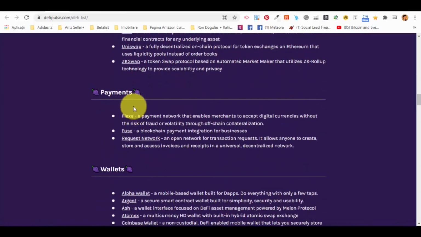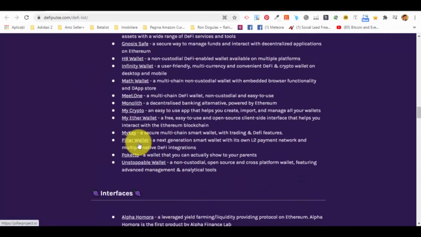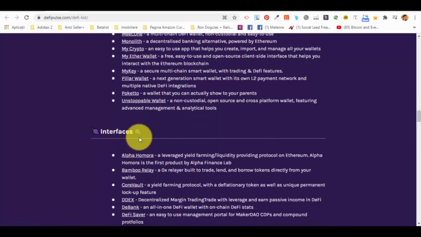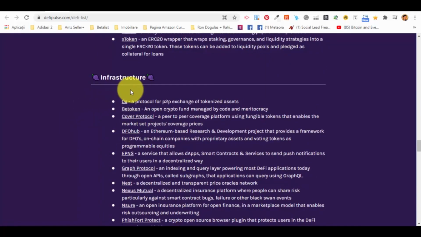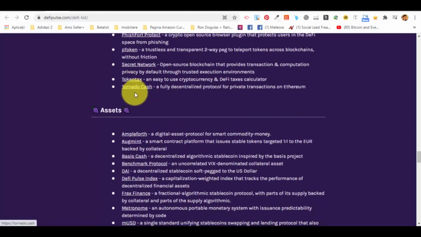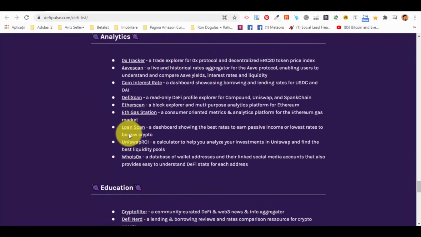Then let's scroll down a little bit: payments, wallets, interfaces. You can see there are decentralized finance projects to solve a lot of types of problems. Scaling and so on.